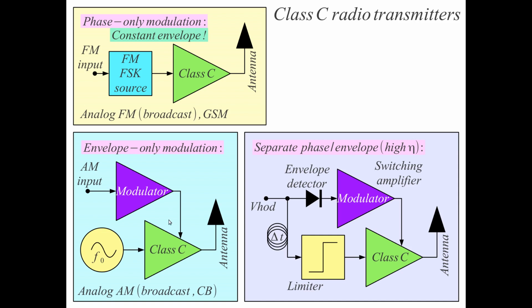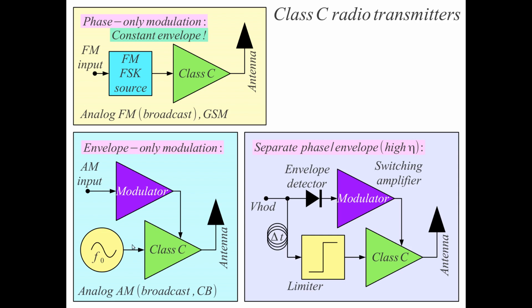And in some occasions we can obtain very good quality modulation, quite linear, by modulating the power supply of the Class C amplifier. So the Class C amplifier here also works as a mixer to put our low frequency amplitude modulation on top of the radio frequency carrier.